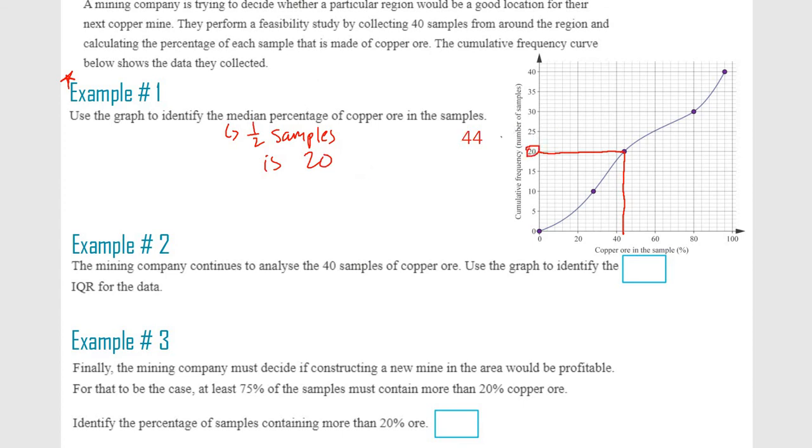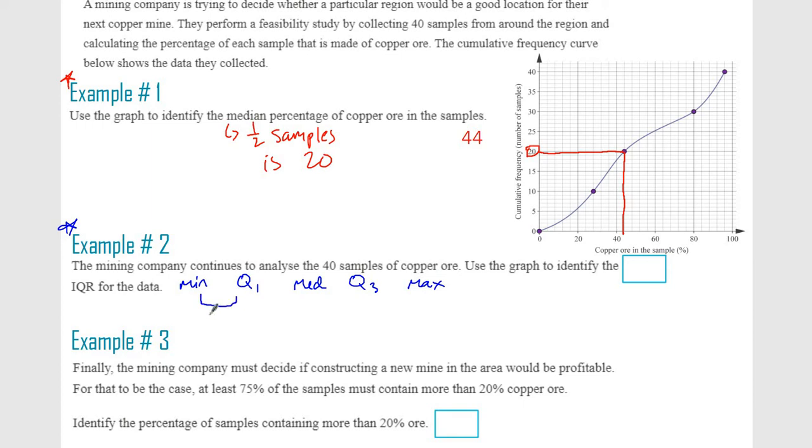Next one. For this one, we want to identify the interquartile range. Again, we have 40 samples. You have your minimum, Q1, median, Q3, and your max.